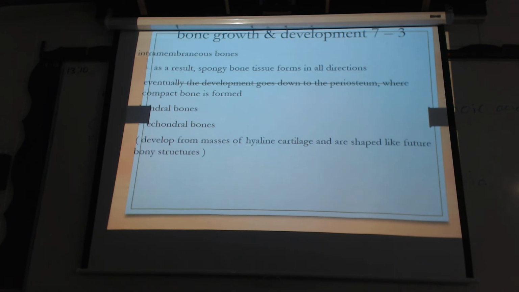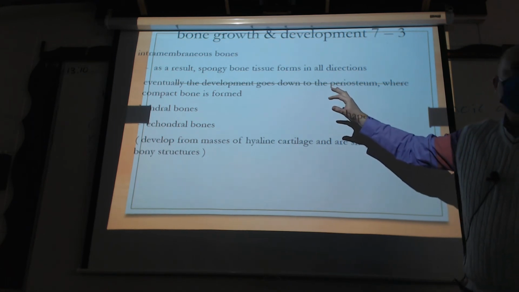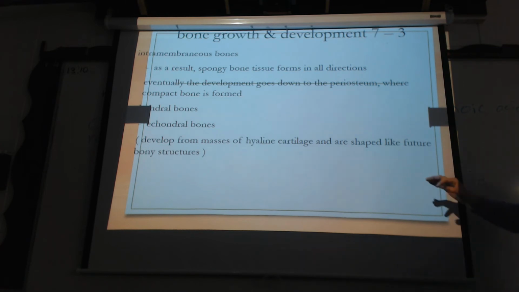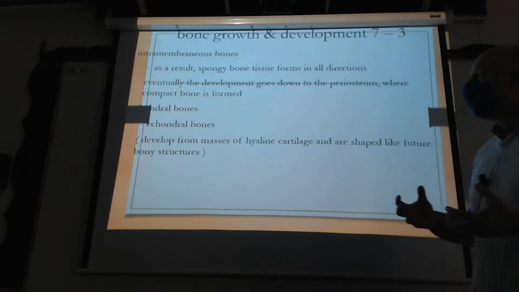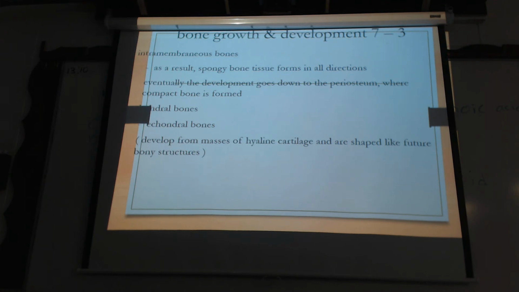Okay. So what we see happening here, these intramembranous bones, that's what you're looking at on this skull. They develop from masses of hyaline cartilage that are shaped like future bones. These look like bones, but they're not yet. They haven't gone through this process of ossification. Well, what is ossification?